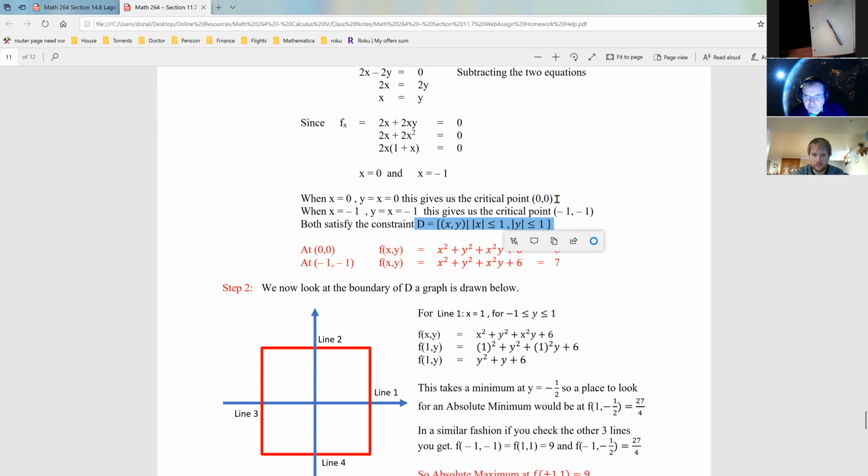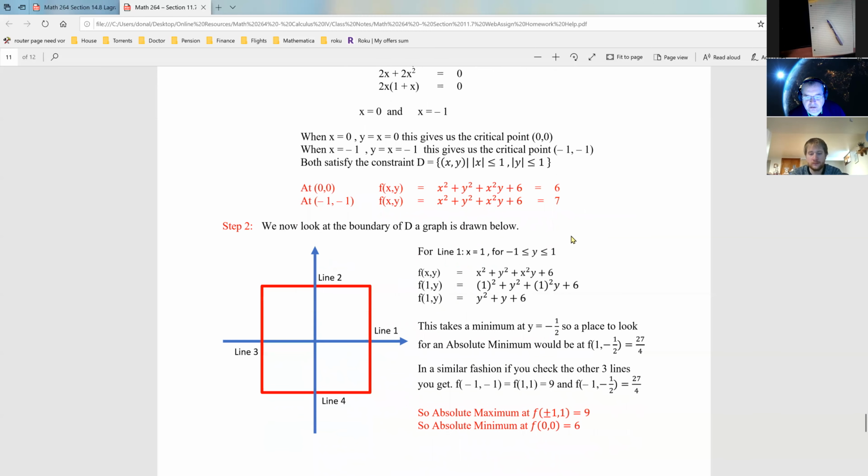And the good news is that both of these points work. You can imagine the origin. It's definitely got an absolute value of x less than 1 and a y that's less than 1. And these two guys just made it on the fringes, but they still count. So my candidates right now for the absolute maximum are look at 0, 0, which gives me an answer of 6, or look at -1, -1, which I believe gives you an answer of 7, but you might want to check my calculations there. Yes, it is, right.